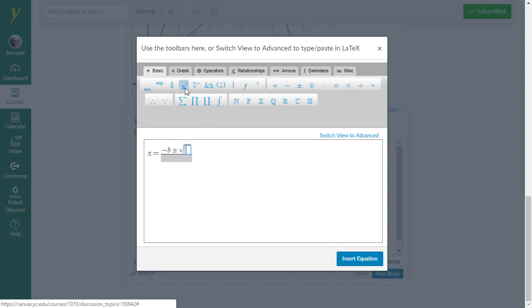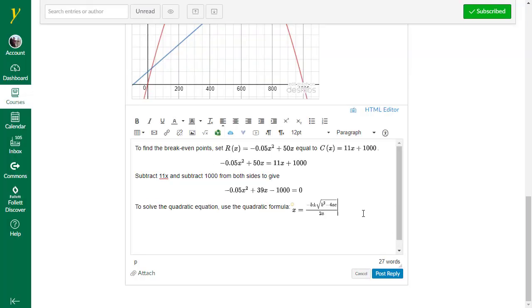I'm going to do square root b, do a superscript, squared, use the right arrow to get out of that, minus 4ac. That's the top part of my quadratic formula. Go down to the bottom part, it's just 2a. Click Insert, and there's my quadratic formula.